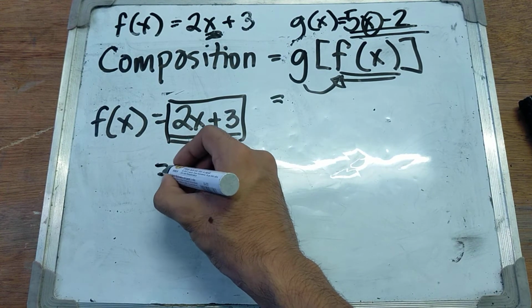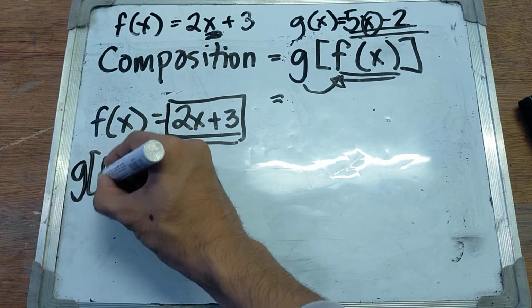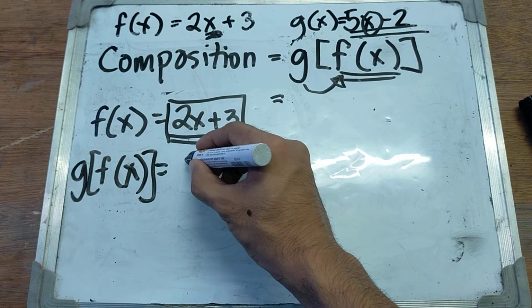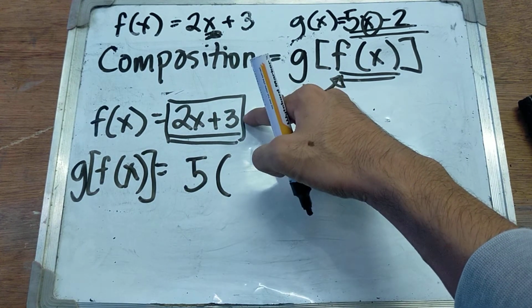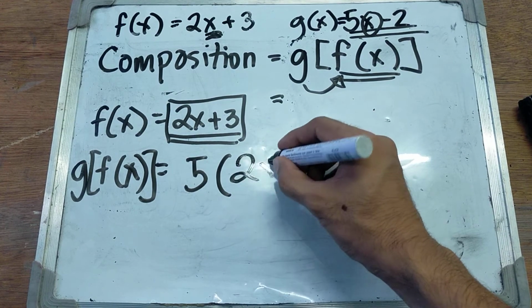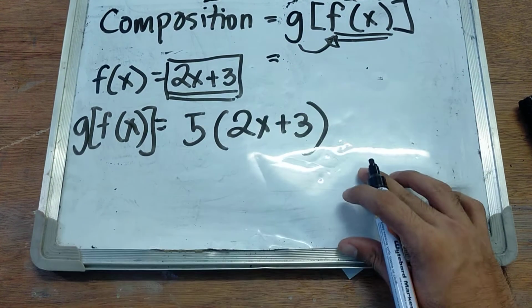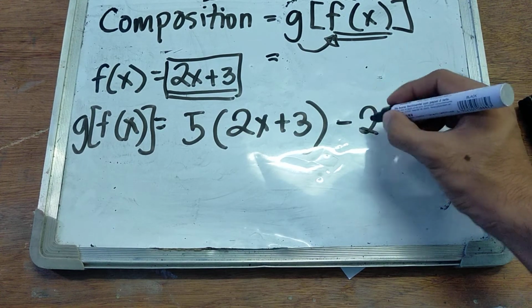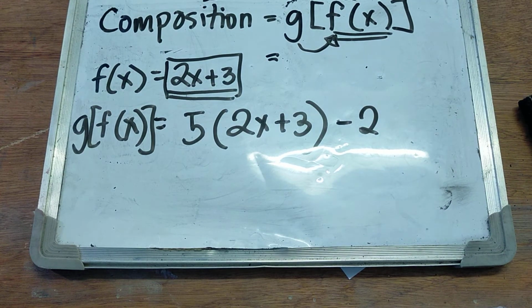So in other words, we are going to apply g of f of x, which is equals to 5 times, we are going to write this instead of x, 2x plus 3. Okay? And then, minus 2. Minus 2 came here from the g of x equation. Okay?